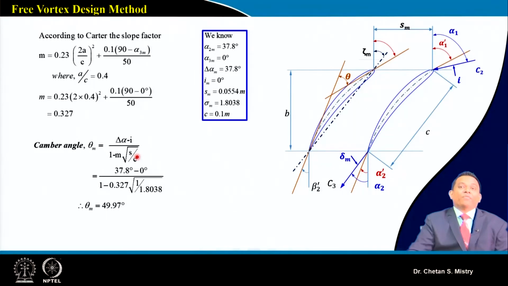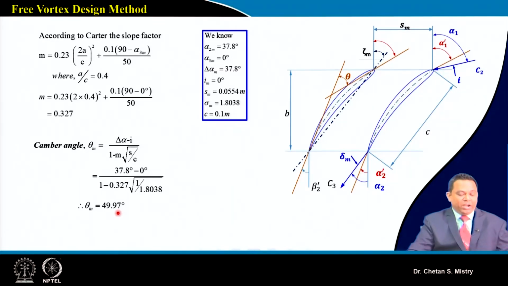Remember, for stator also we are assuming the incidence angle at the mid station to be 0, at the hub to be positive 2, and at the tip to be negative 2. So if we assume this to be 0, my camber angle is coming 49.97 at the mid station.